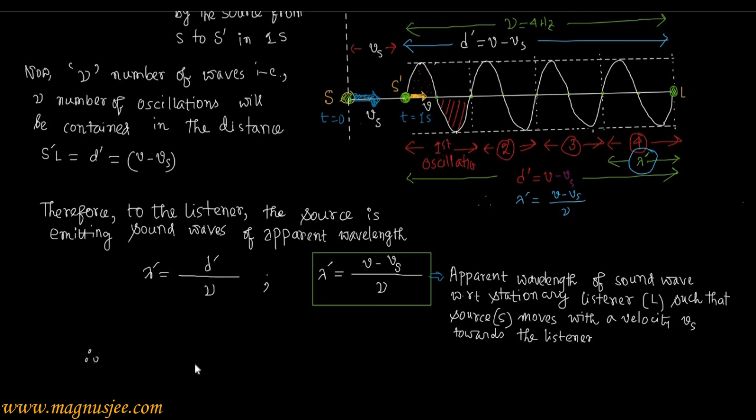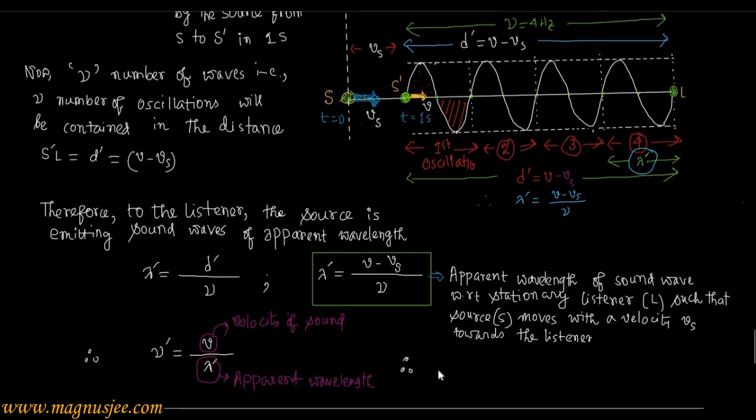Now, what will be the expression of apparent frequency of sound wave heard by the stationary listener? That will be nu prime, which is equal to velocity by wavelength. Nu prime is equal to v by lambda prime, where v is the velocity of sound wave and lambda prime is the apparent wavelength of sound wave with respect to the stationary listener.